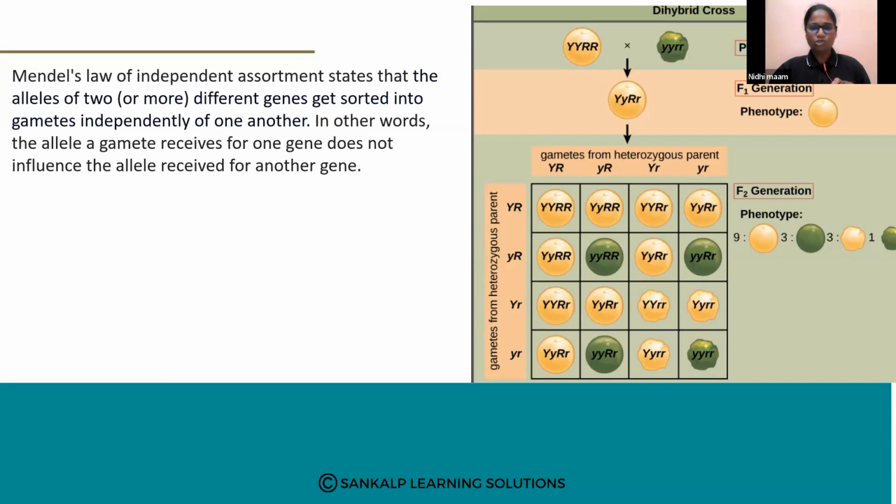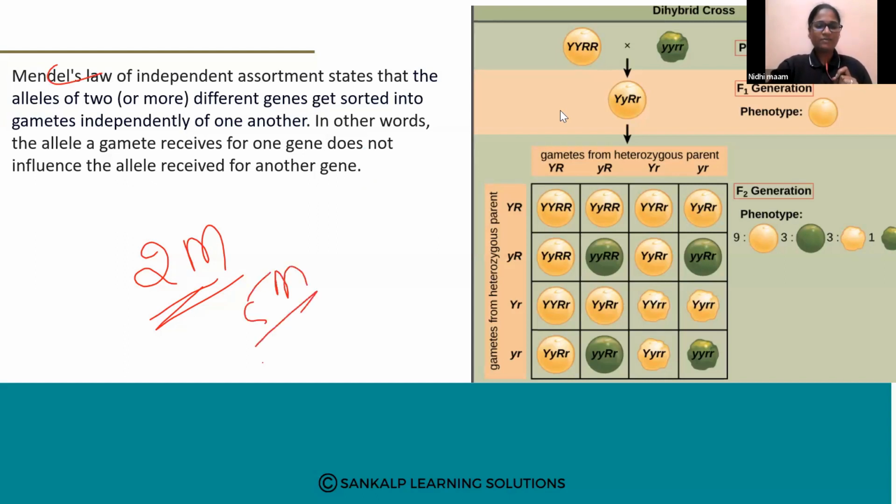Rohit Raju also answered it. The alleles of two or more different genes are assorted. Good. So here, if it is asked for 2 marks, ಎರಡೇ ಮಾರ್ಕ್ಸ್ಗೆ ಕೇಳಿದ್ರೆ, it is good if you write this. ಇಲ್ಲಿವರೆಗೂ ಬರೆದ್ರೆ ಸಾಕು. The same thing if it is asked for 5 marks, what is Mendel's law of independent assortment?